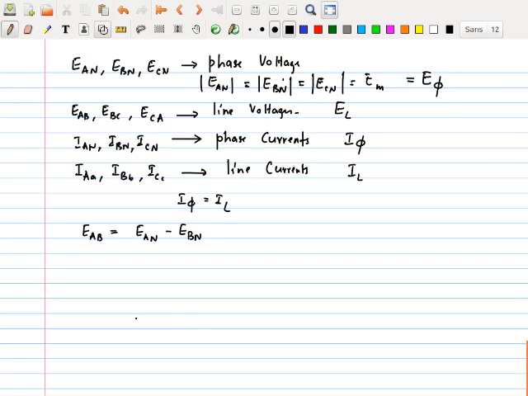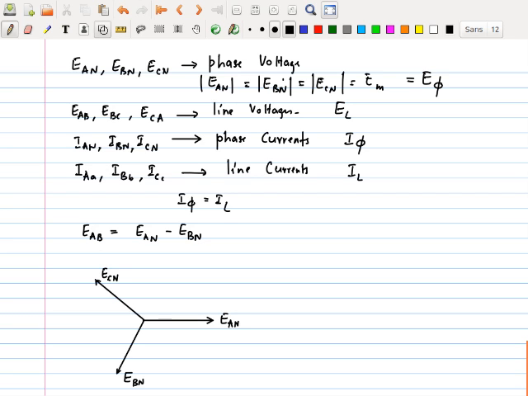Now to do that I have to first plot basically the phasor diagram. So this is E of AN, and I said this is E of BN, and that is E of CN.